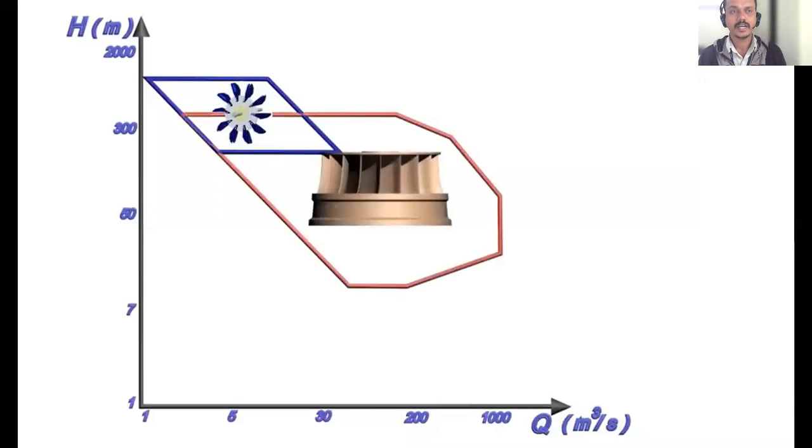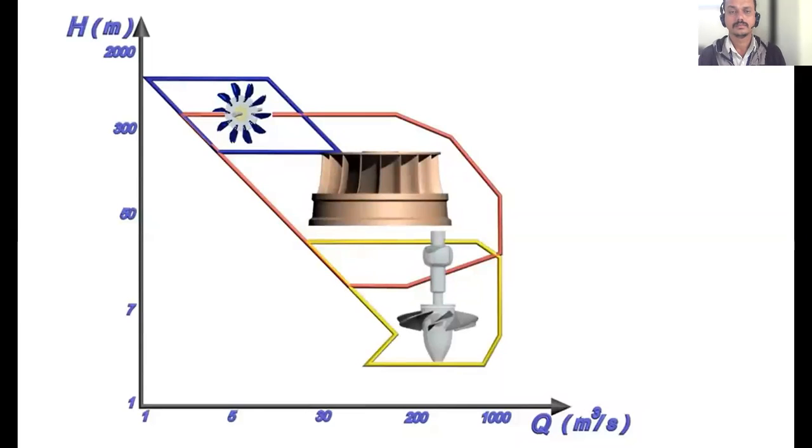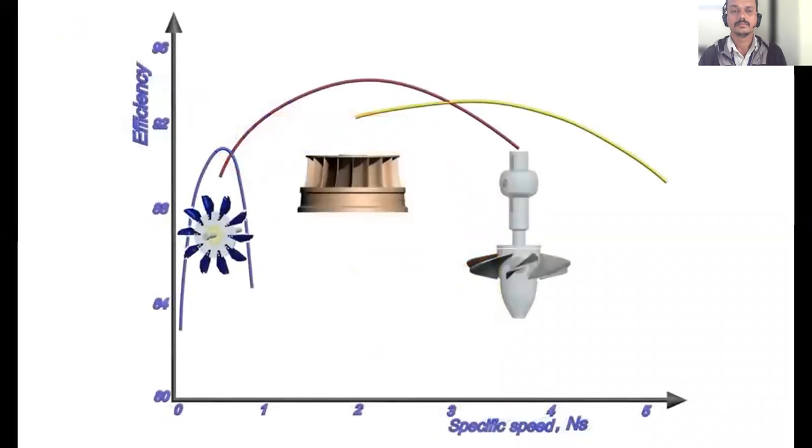This is related to head and discharge. If you see efficiency, the efficiency of Francis turbine is more as compared to the other two turbines.